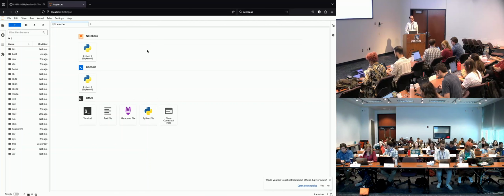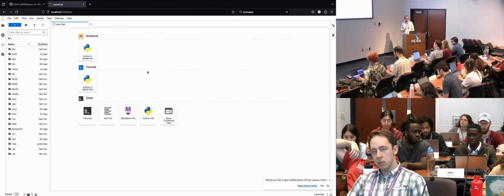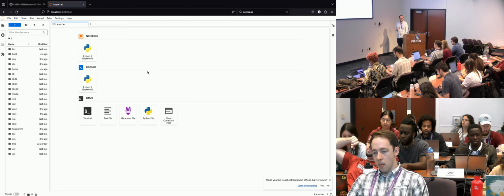When you enter localhost:8888, how long does it take? It should redirect you to the Jupyter Lab interface pretty quickly.